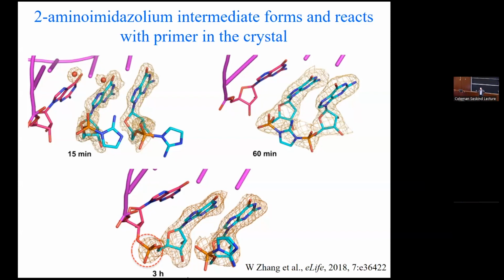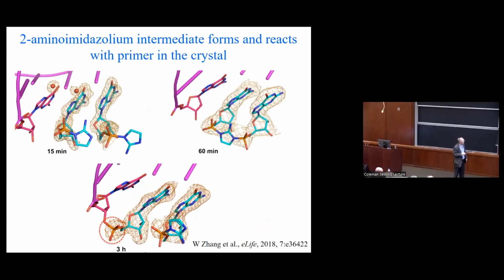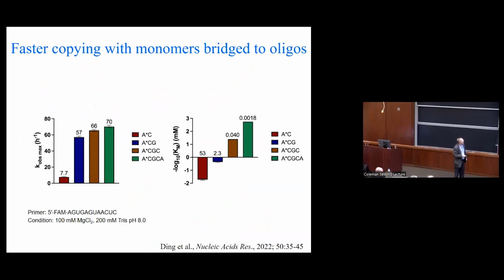So we can see the whole process happening in a series of crystal structures. That was a very satisfying advance. Okay, let's see. There's a few other things that I want to tell you before we get into the question of why this is all happening with RNA, and could it happen with other things?